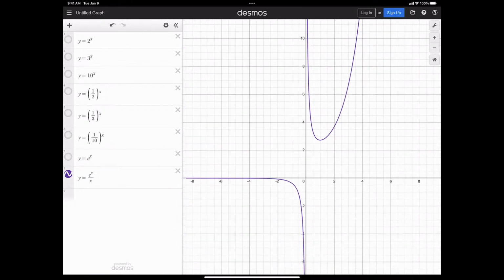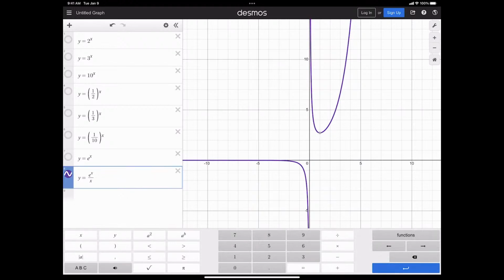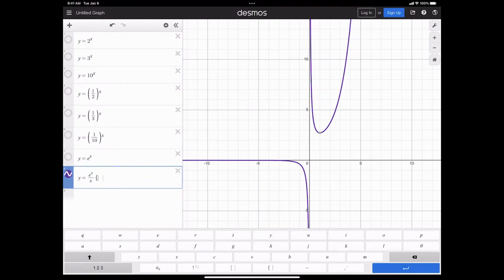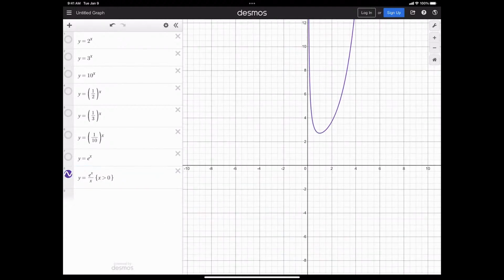What do we do with this domain? This is really the curve if you included negative values. But we restrict, and there's a way to restrict the domain. I think it's going to be x greater than 0. Yeah, there we go. I restricted the domain.